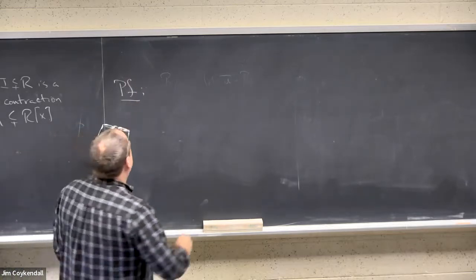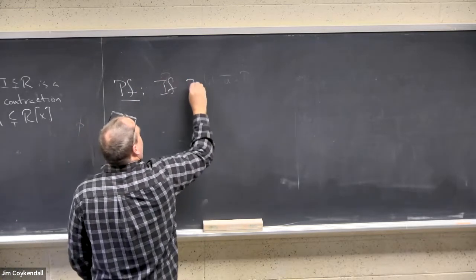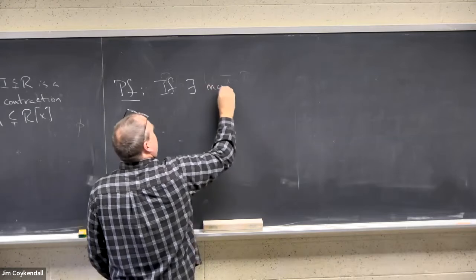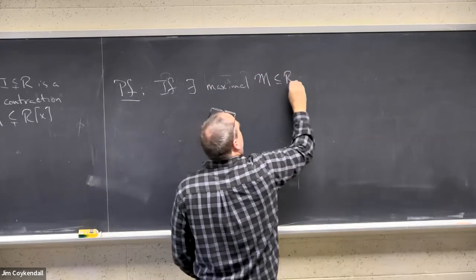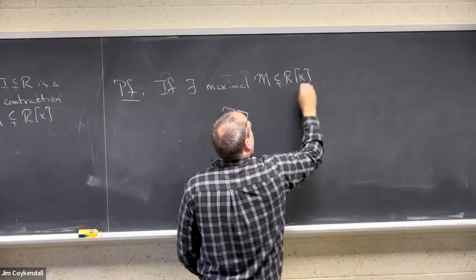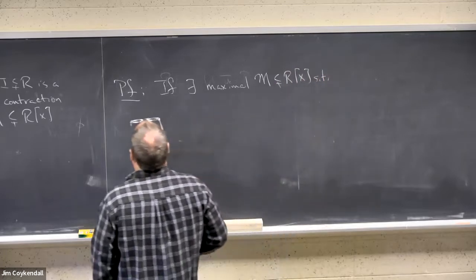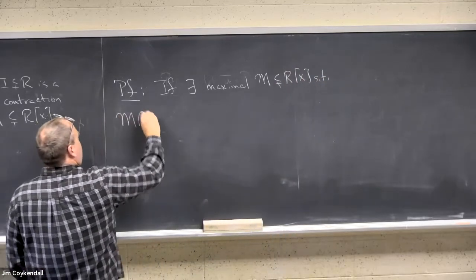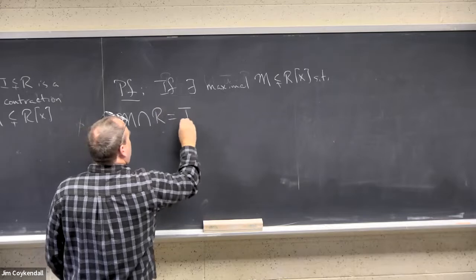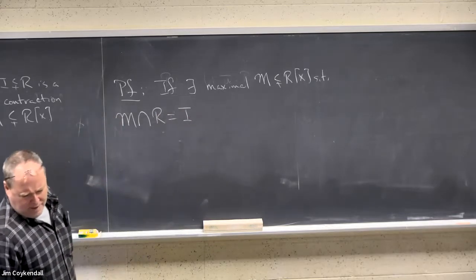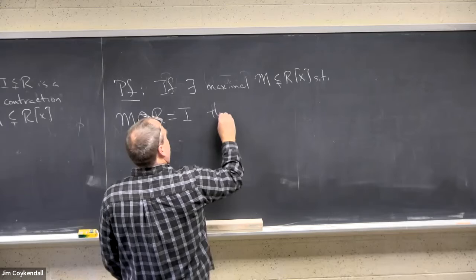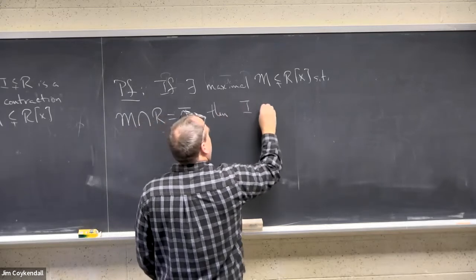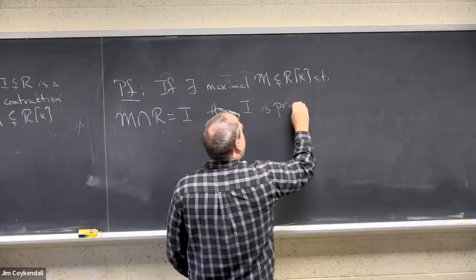If there is a maximal ideal, let's say M in R[x], such that M intersect R equals I, then let's be careful about the details here.